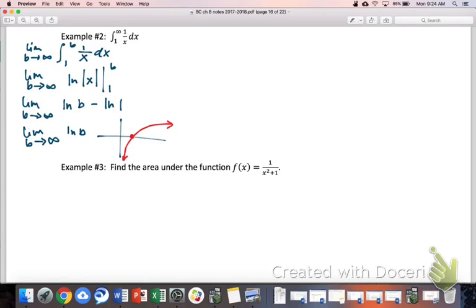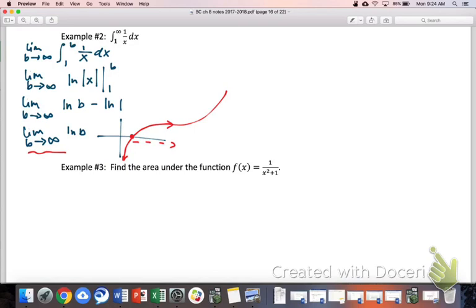And we're talking about the limit as b goes to infinity. So we're talking about that behavior. As we go way out to the right, what is natural log doing? It's getting bigger. So is this graph ever going to do this? Nope, it's not. Is it ever going to do this? Nope.